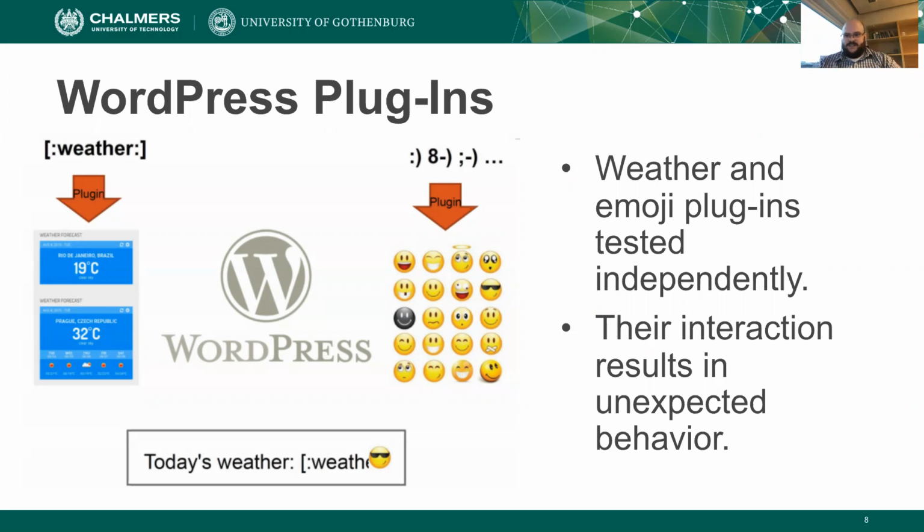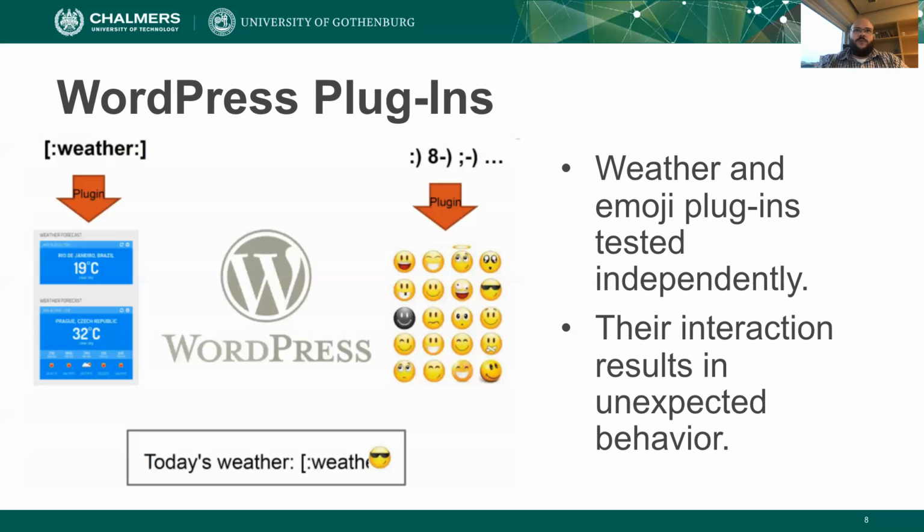Each has been fully tested and works as expected, but when we combine them, we get unexpected behavior, where suddenly, instead of inserting the weather widget, we get this closing smiley face, right? Or we get the little smiley face with little sunglasses. That's not what we were hoping for. We were hoping to see the weather, right?